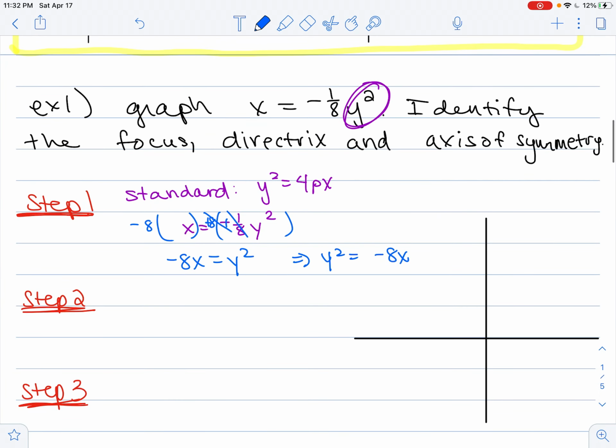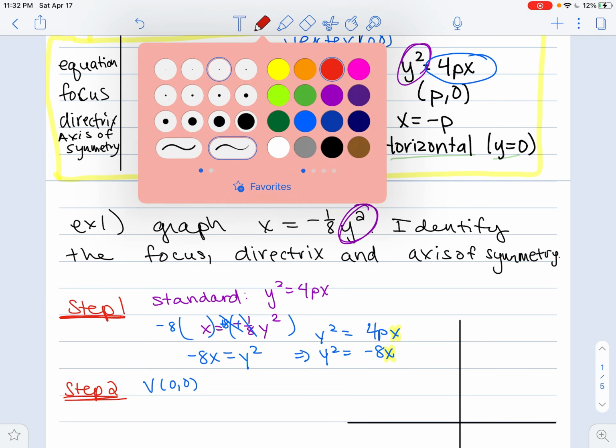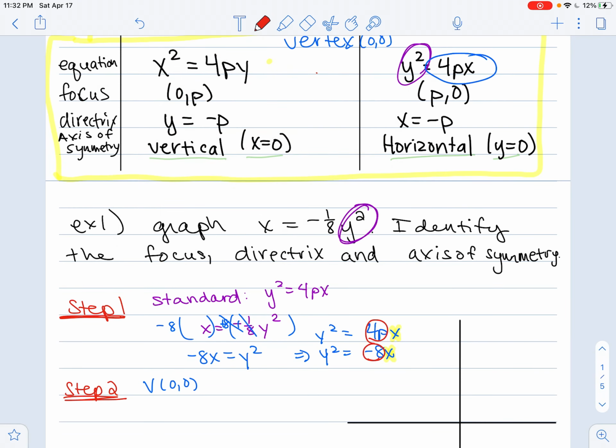So our vertex is 0, 0. And we know y squared equals 4px, since this is x right here, the 4p is equal to -8. So we would say 4p equals -8. Let's solve for p, and we get p equals -2.